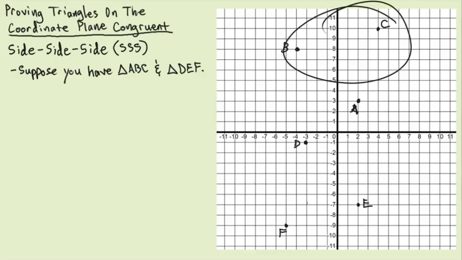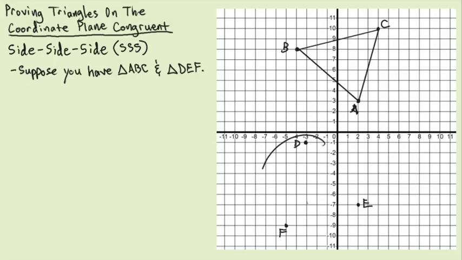Now, triangle ABC is made up of a segment from A to B, a segment from B to C, and a segment from A to C. And then triangle DEF is made up of a segment from D to E, a segment from E to F, and a segment from D to F. Now, it's hard to tell which sides are the longest sides and which sides are the shortest sides, because this side looks very similar in length to this side and very similar in length to this side.